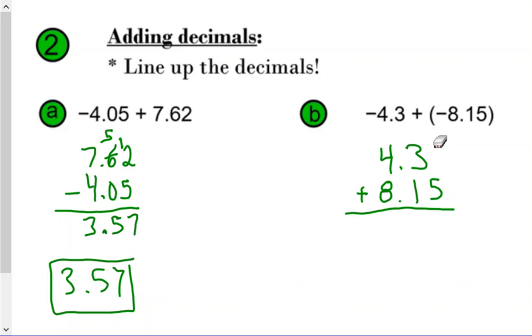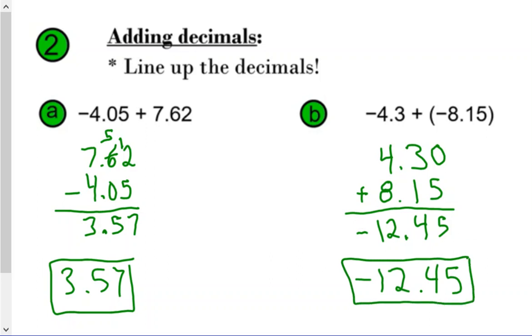Now I'm going to put a 0 here just as a placeholder, and then we can add. 0 plus 5 is 5. 3 plus 1 is 4. Bring down our decimal. 4 plus 8 is 12. Both of our numbers were negative, so our answer is going to be a negative. So we have a negative 12 45/100. Make sure that you have these two examples written down in your math notes before you move on.